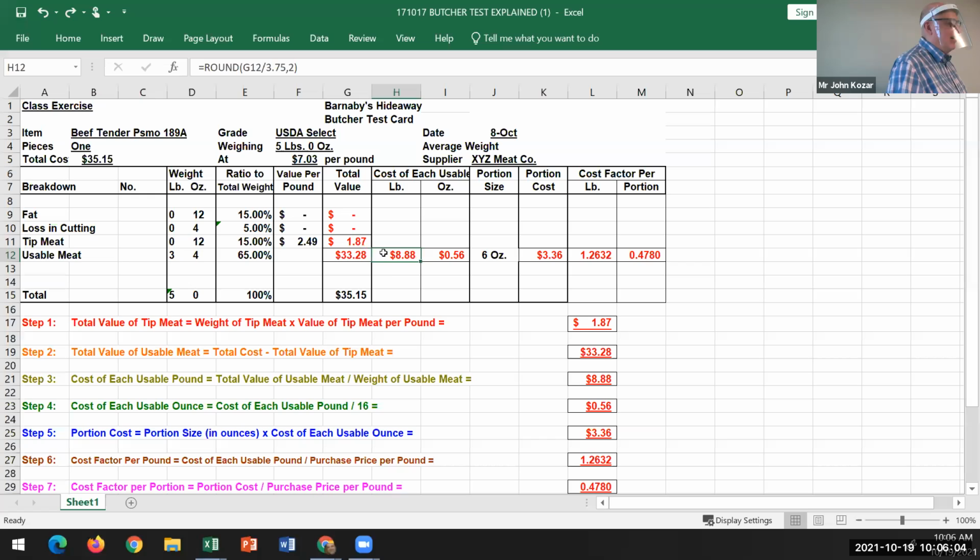Okay. So once we know that value, we can calculate the cost of a usable pound and a usable ounce. We have 3 pounds and 4 ounces of usable meat, and I think this is the one that had an error. That would be 3.25.